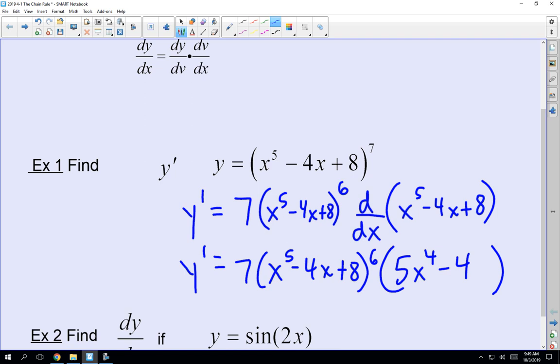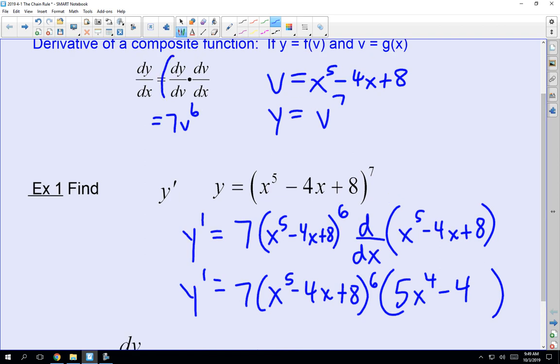So in terms of this up here, say I call this v, to show you a substitution just one time here, and then we're going to get away from it. So there's v. So we would think of this as y equals v to the 7th. So when I say take dy dv, dy dv is 7v to the 6th. That's the dy dv part of the chain rule.